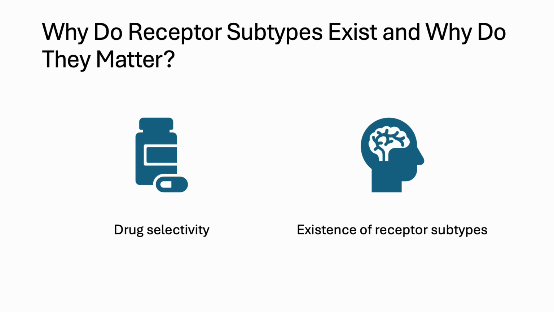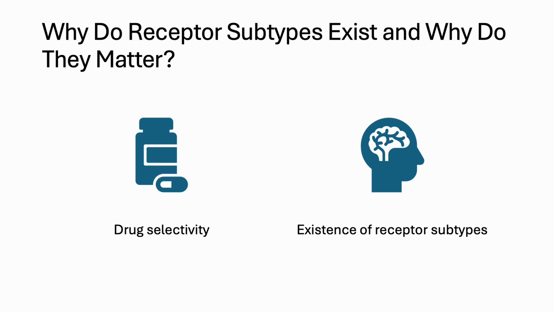So what is drug selectivity? Let me give you an example. Because we understand the existence of subtypes of cholinergic receptors, drugs were developed selective for only those receptor subtypes. And it's possible then to influence the activity of only certain cholinergic receptors as opposed to all cholinergic receptors.